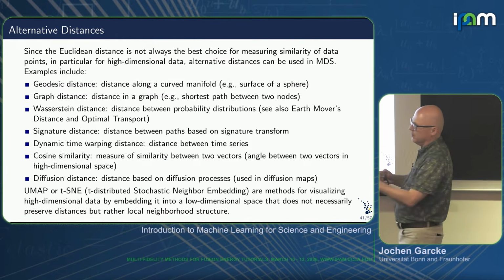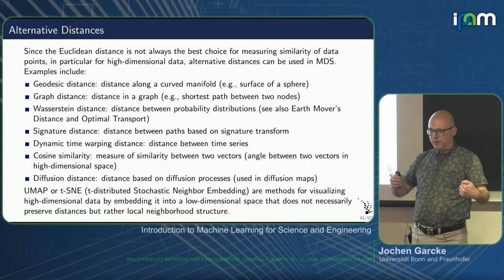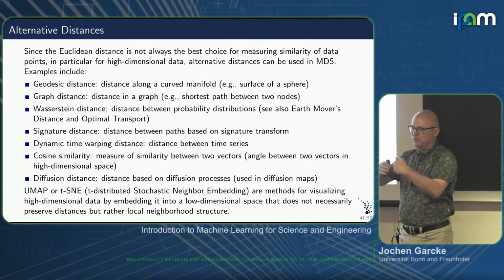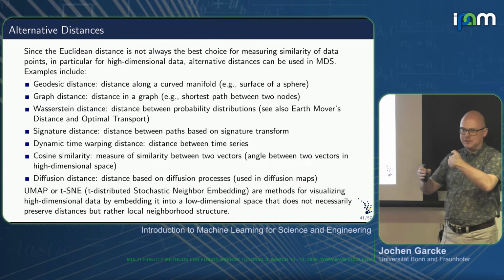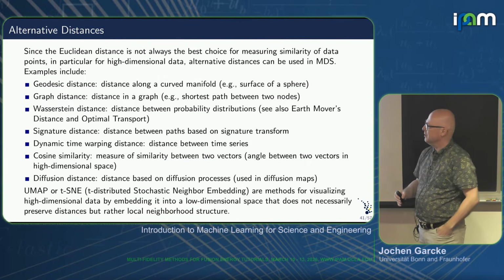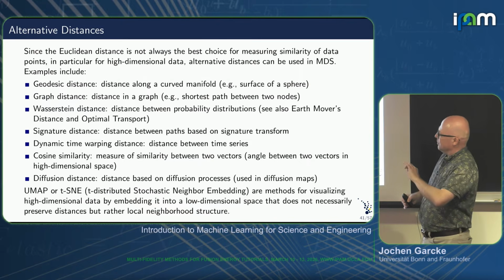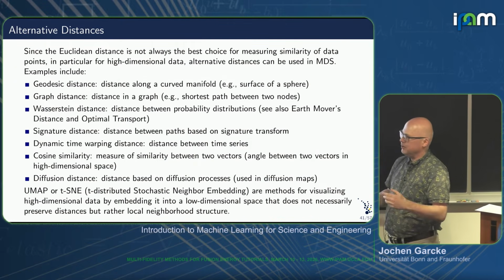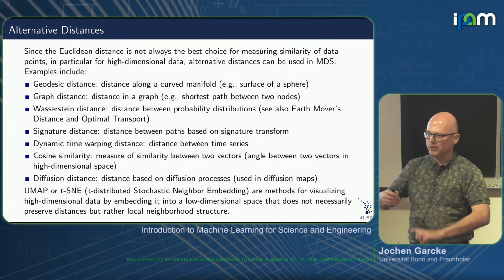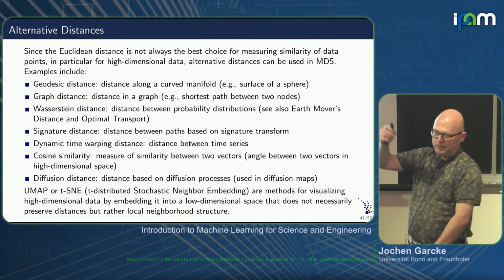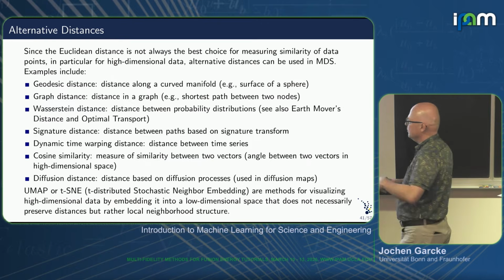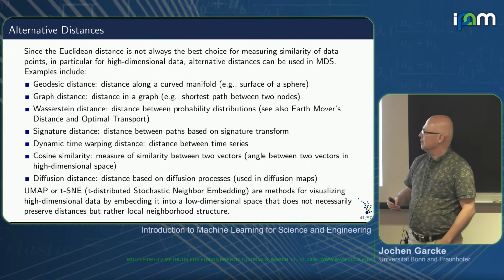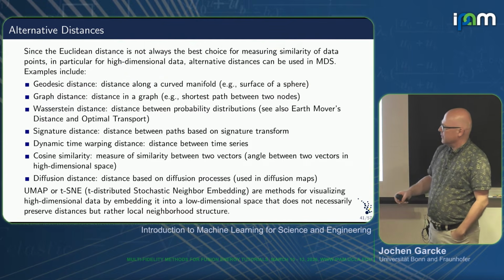Signature distance is based on the signature transform, so you do something with your path and can represent the path in a certain signature. For time series, there's something called dynamic time warping. Cosine similarities are particularly used in machine learning if you have bag of words embeddings, representations, and diffusion distances, from diffusion maps. So there are several ways to represent distances.